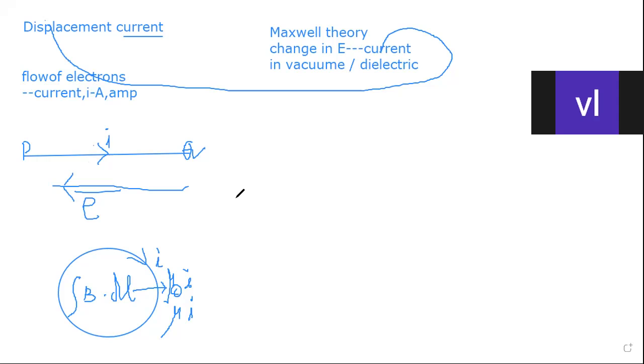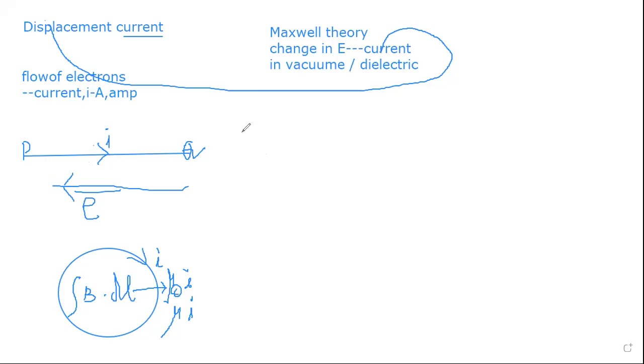You have to note down three points. Number one: the ordinary current is due to the flow of electrons through the conductor. It is not in vacuum or in a dielectric substance, which may not be a good conductor of electricity.